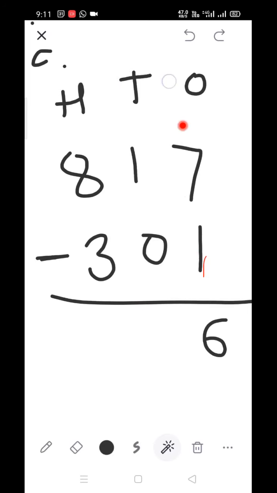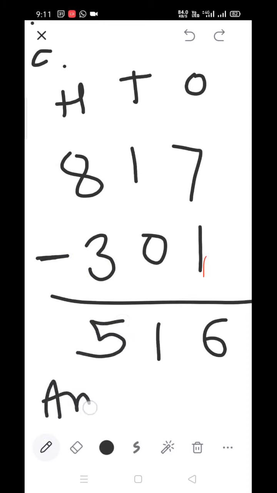Tens place subtraction, 1 minus 0, 1. Whenever you subtract zero from any number, you get that number as the answer. Last, hundred place subtraction, 8 minus 3, 5. Answer is 516.